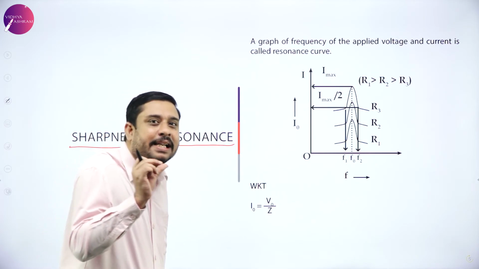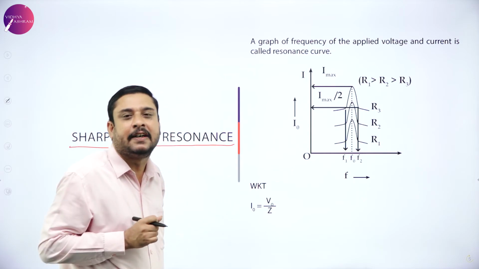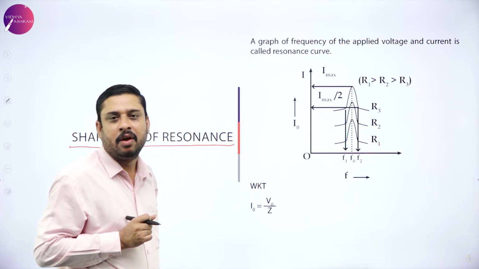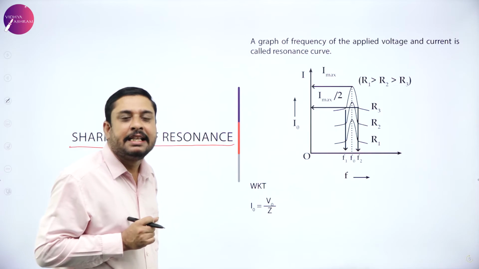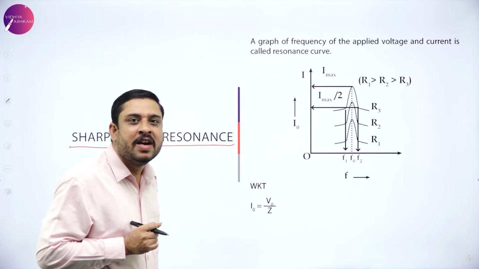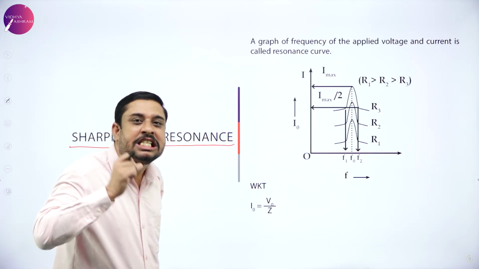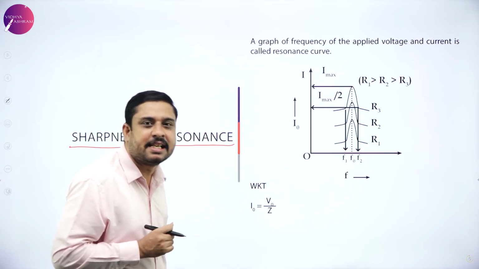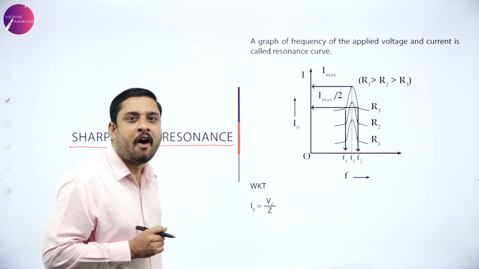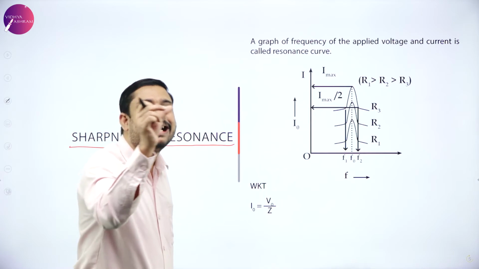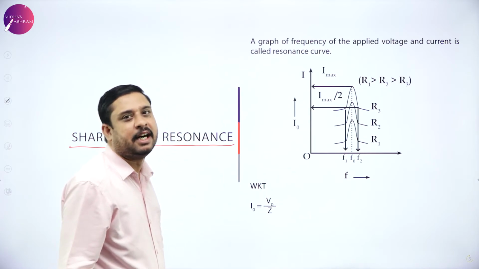How blunt the resonant curve is? What are the factors which decide the sharpness of the resonance curve or the bluntness of the resonance curve?